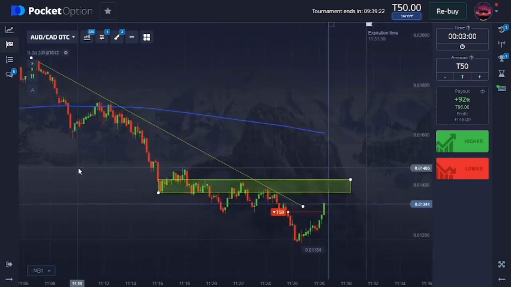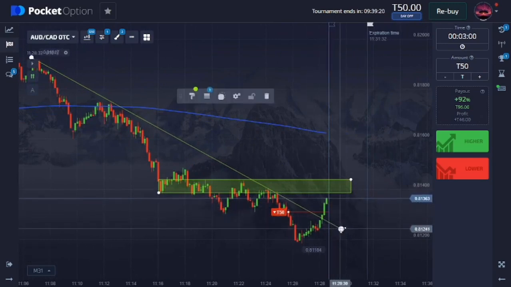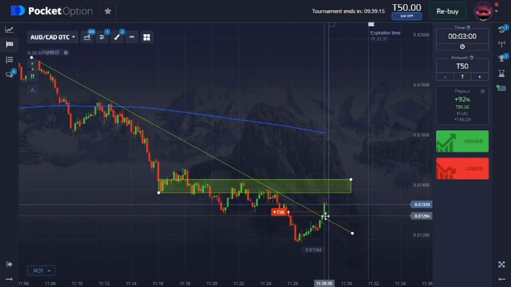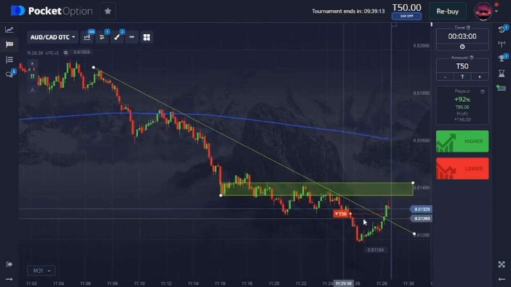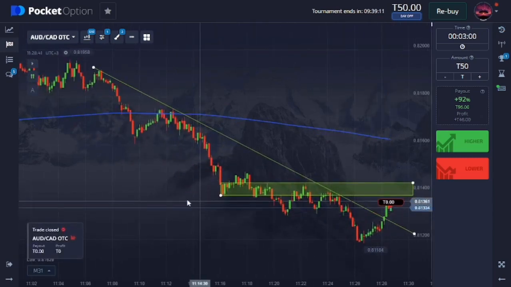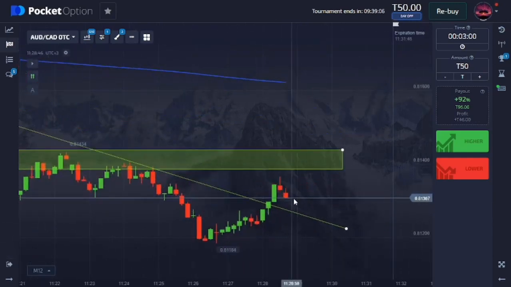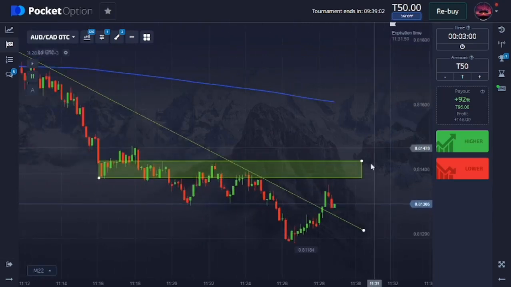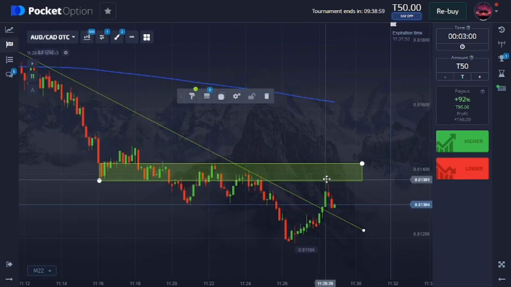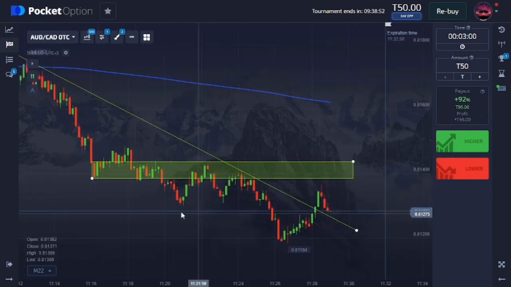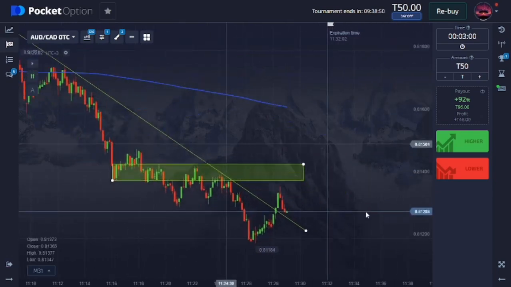We are in a bearish trend right here. Put it here. So right here we have a break. It could be a false breakout. It was for a little that we lost our money, as you can see, a little bit. This can be used as a retest, because this place is really a strong place.